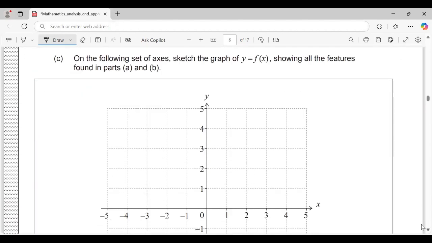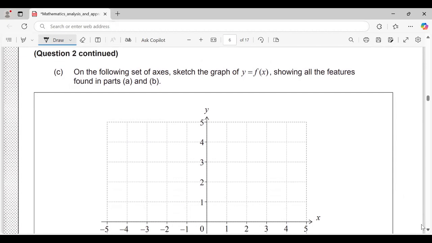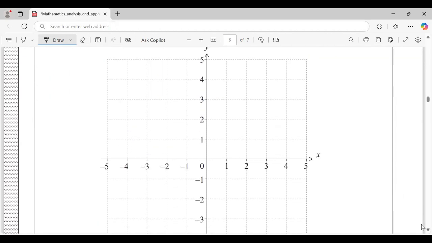And next we're going to sketch on this diagram. Firstly, we need to find the asymptotes. The first asymptote is x equals 2, so draw a straight line here.